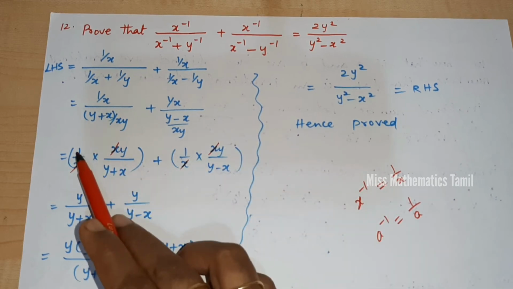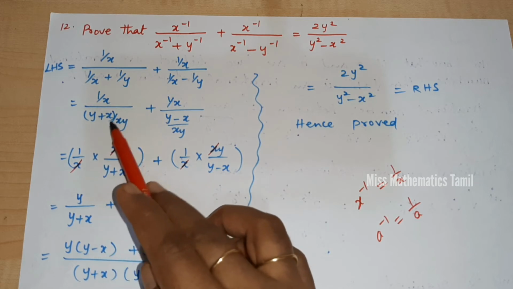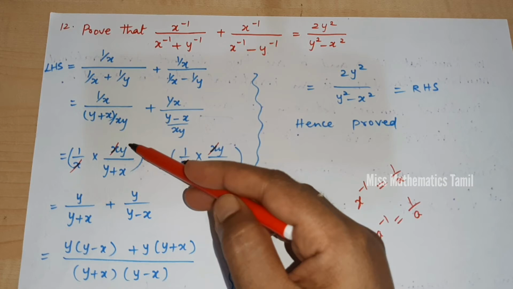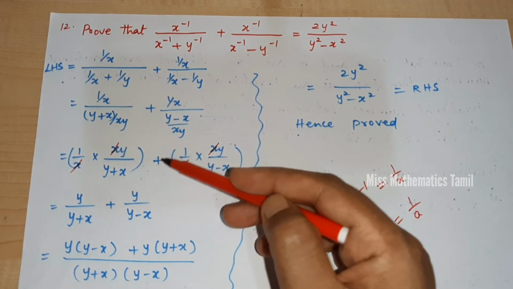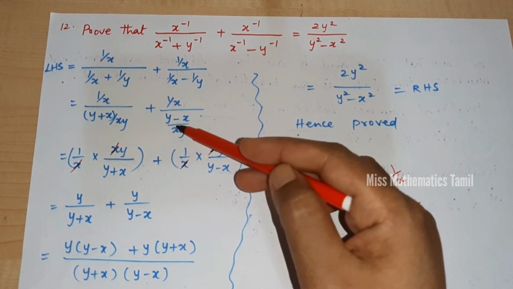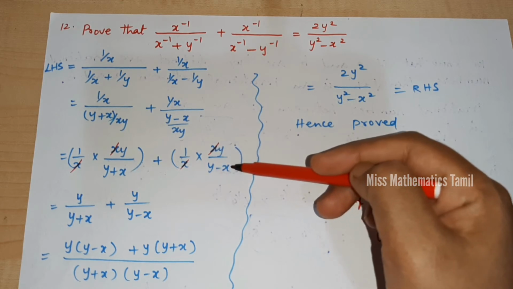Okay. Next 1 by x. In the numerator we have 1 by x, into, in the denominator how it will come? The reciprocal. So x by xy divided by y plus x. Right? Plus in the numerator 1 by x into the denominator it will change reciprocal, right? xy divided by y minus x.